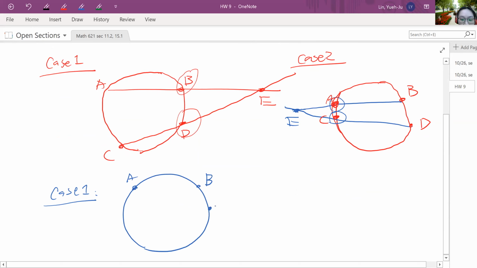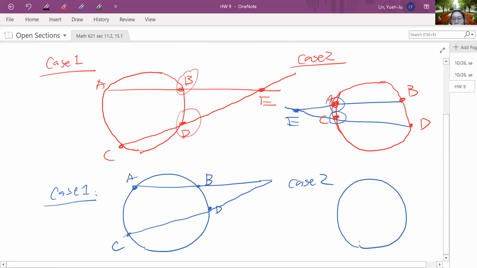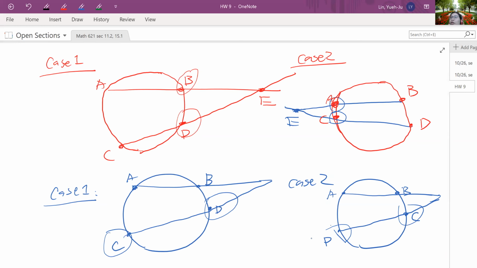Either you consider something like this, or some people would say my case 2 is essentially swapping the order of points C and D. So you can see that either you swap the points C and D, which gives you two different cases, or you fix the position of C and D but make sure that they intersect at a different end.